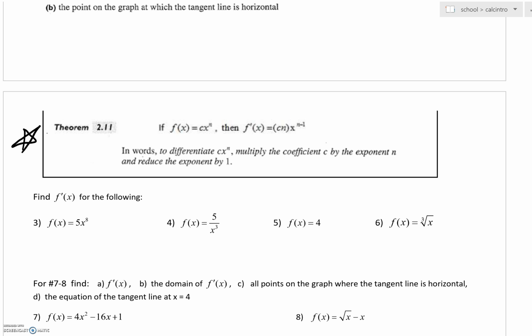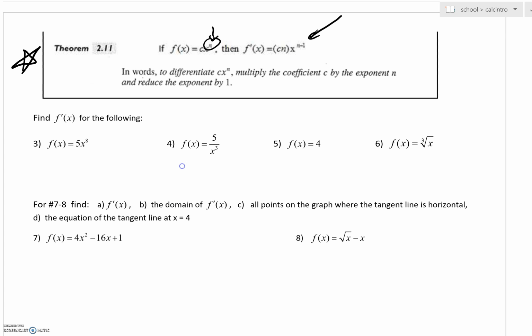You could say, what if you had f of x equals cx to the n? You know what you're really going to do? When you take your derivative, take your power and drop it down. Drop it like it's hot, multiply to that coefficient, and then you subtract your power by 1.